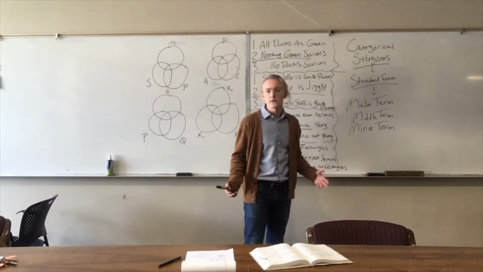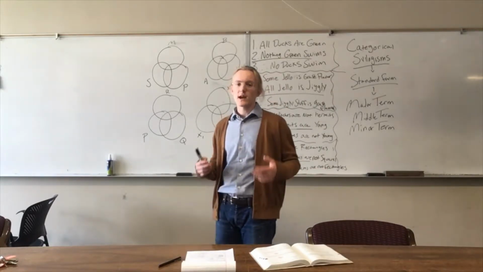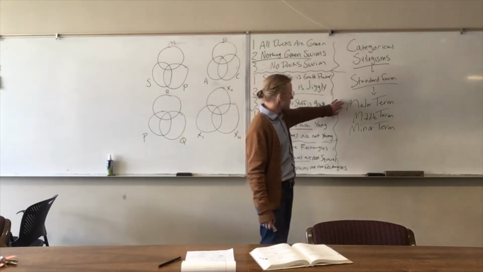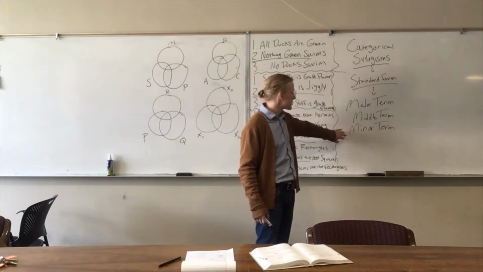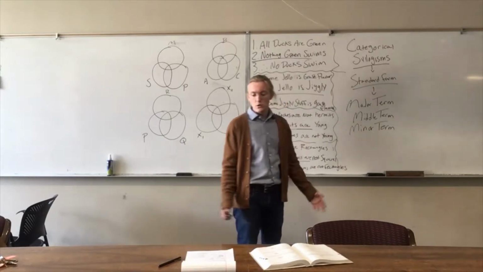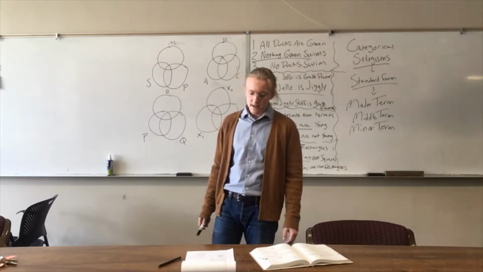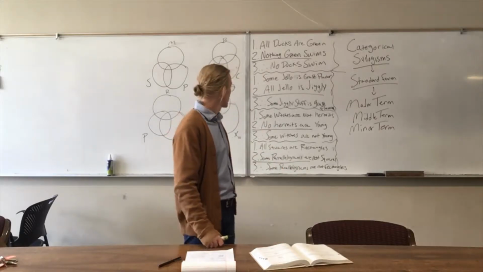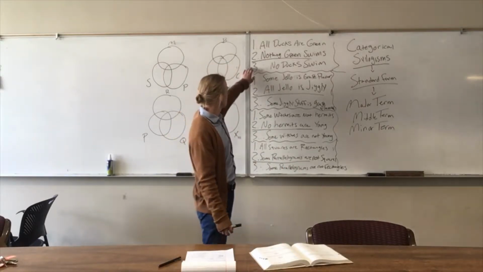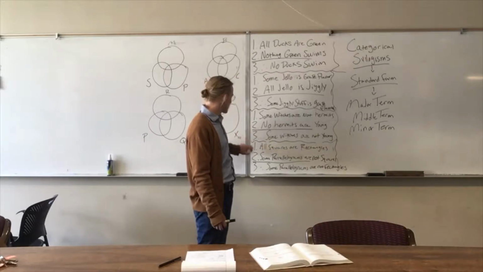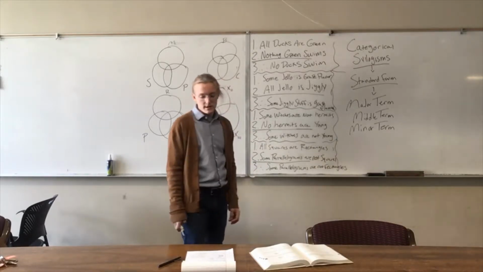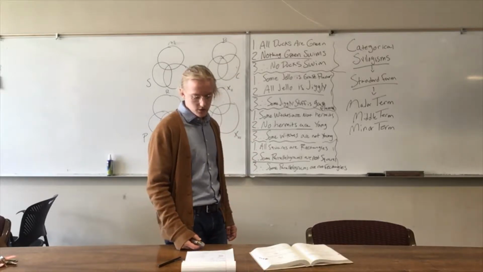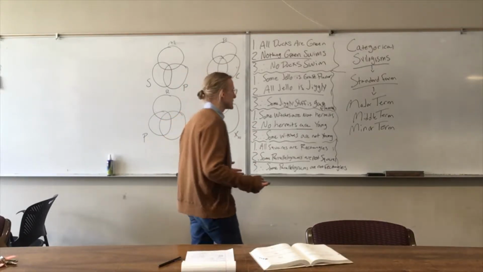So the standard form of a categorical syllogism will have three very important elements. We have first our major term, second a middle term, and third a minor term. Our major term is just the predicate of our conclusion, and all of the conclusions that I've written up here are marked 3. We have our minor term, which is the subject of the conclusion, and then finally we have a middle term.